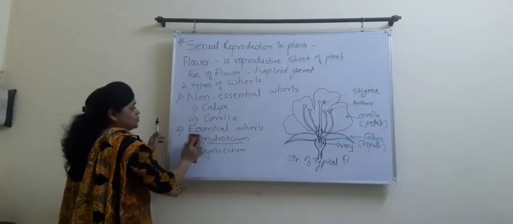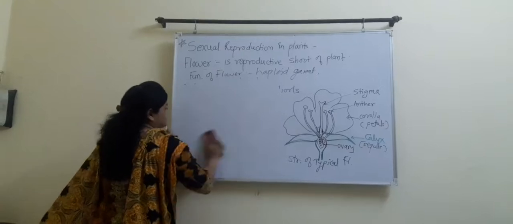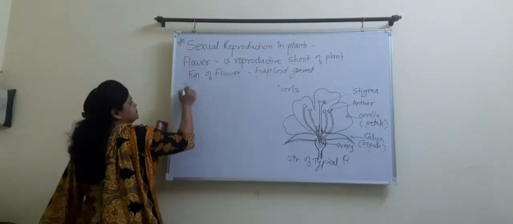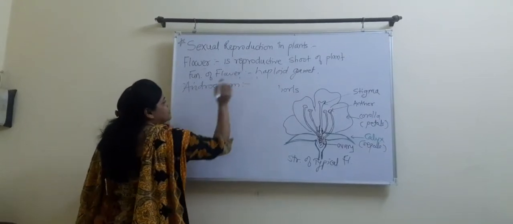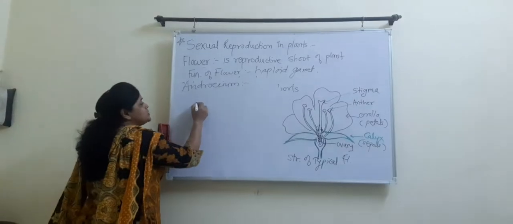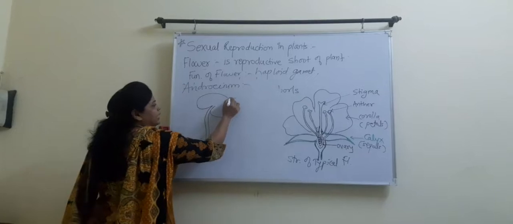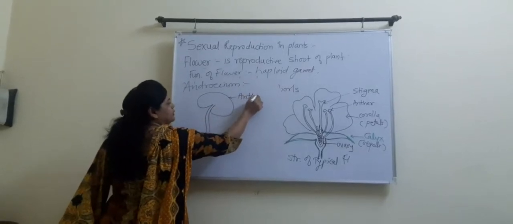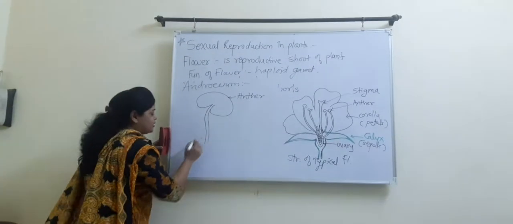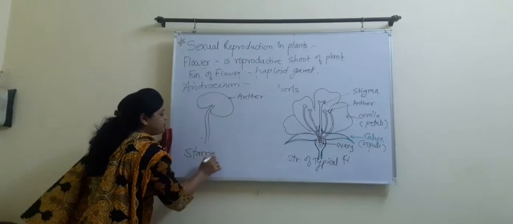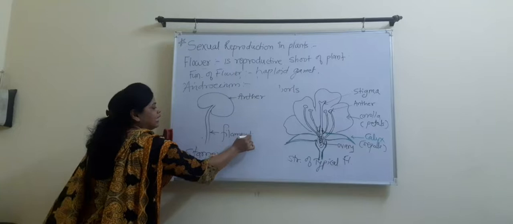First of all, androecium is the male reproductive part of a flower. It consists of stamens. A stamen shows anther, filament and connective.